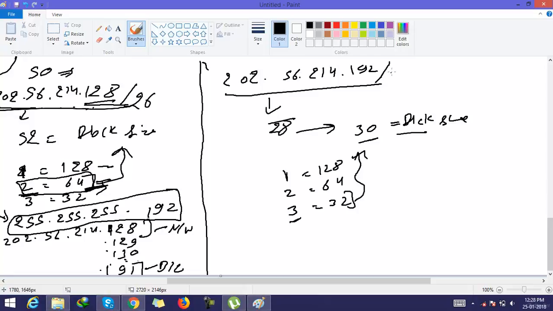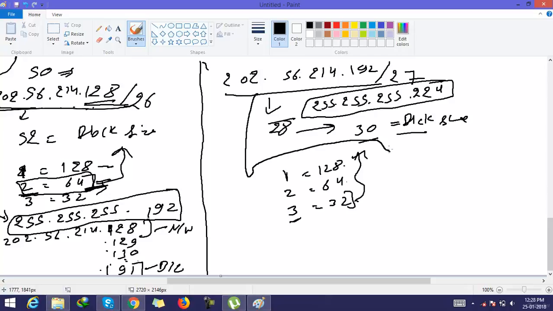After borrowing 3 bits, the CIDR becomes 8 plus 8 plus 8 plus 3, that is 27. Now the subnet mask is 255.255.255.128 plus 64 plus 32, that is 224. This is the subnet mask. Now the network ID is 202.56.214.192.